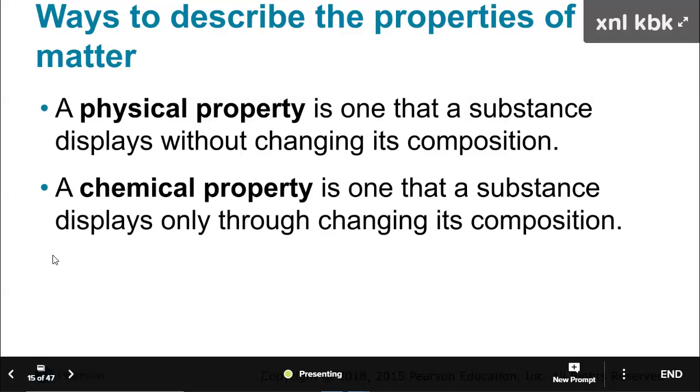So colors, density, hardness, malleability, brittleness, all of these things I can observe without actually changing the substance itself. That's what makes a physical property physical. It's something tangible that I can observe, and it doesn't change the properties of the substance at all to observe it.